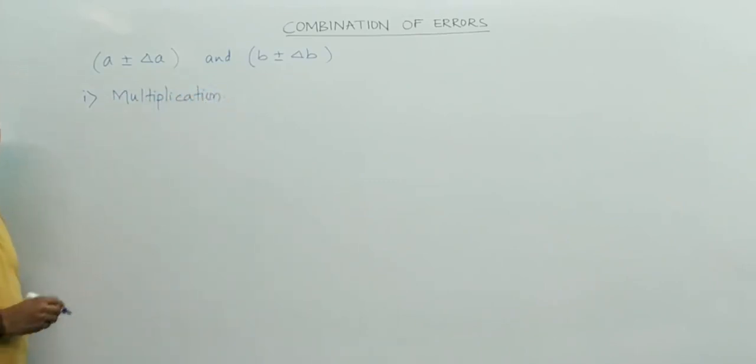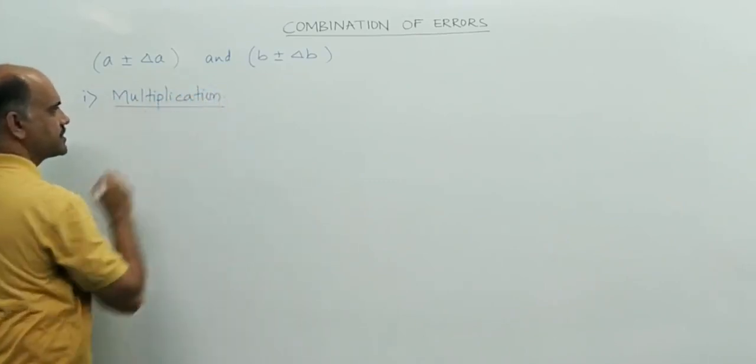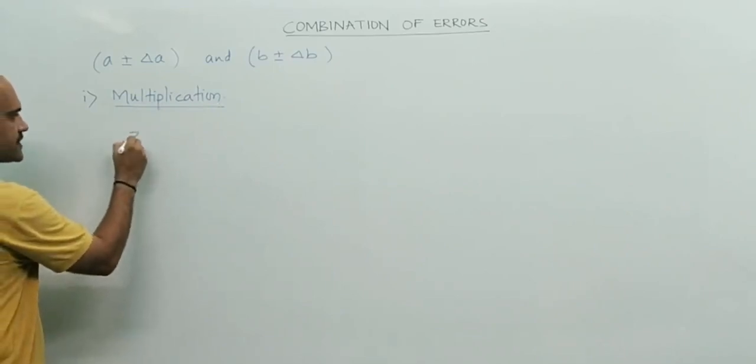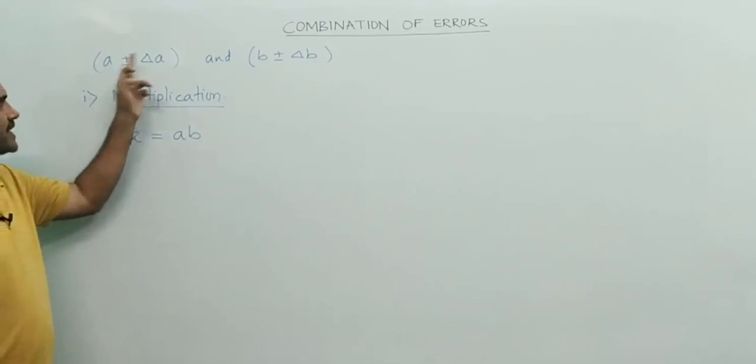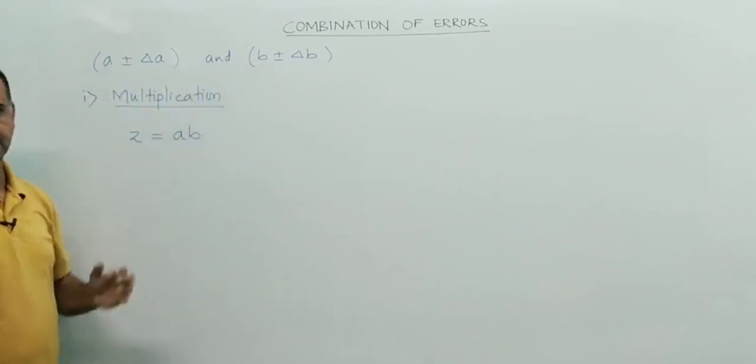So the method is, first you are required to find Z. Z will be equal to A into B, so we multiply these two terms.